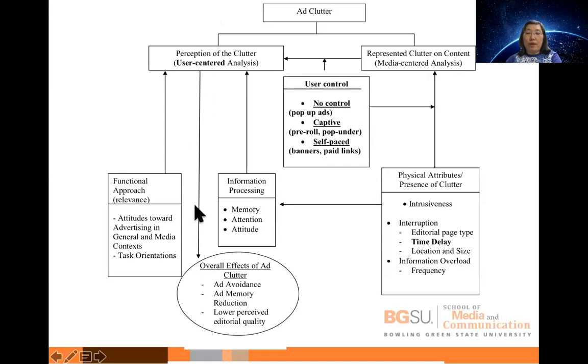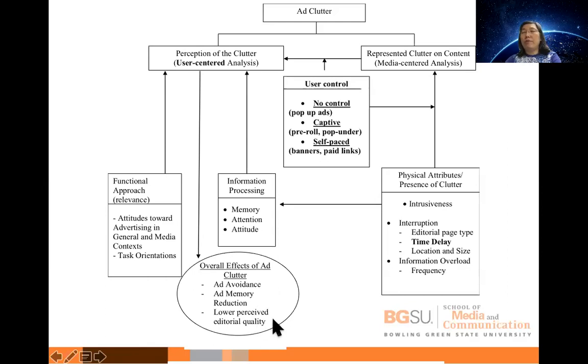So the overall effects of advertising clutter start from the structural level, where you put the ad, and then how people perceive it, and this is how the effect will look. If they perceive high advertising clutter, then people would try to avoid it as advertising avoidance, or they would have a lower memory of the ad because they get confused or resist remembering it.